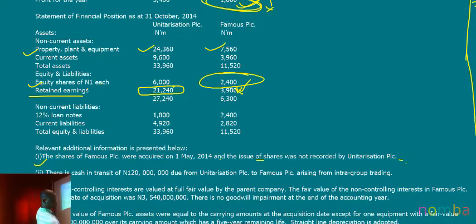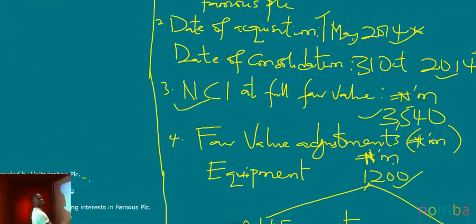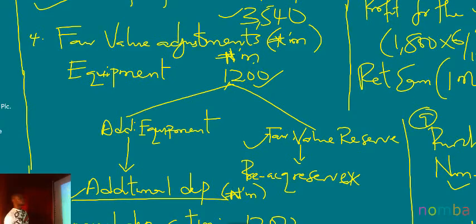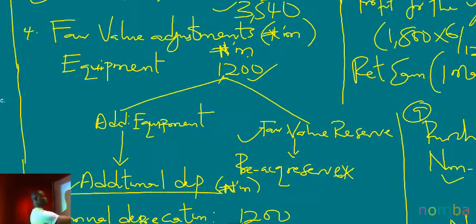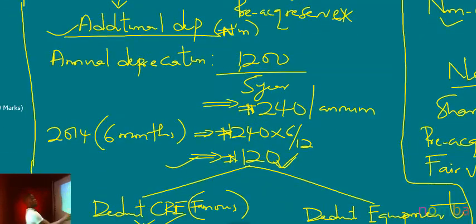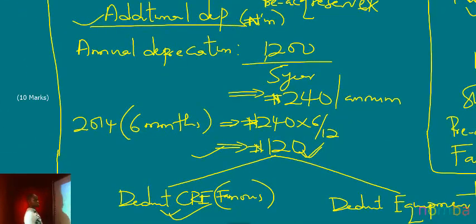Then we'll adjust it for the consolidation adjustment that we made on the equipment, specifically this fair value adjustment of 1,200. We said we are going to add it to the equipment. So if I add 1,200, it comes to 33,120. And we're going to deduct the additional depreciation, which was 120.